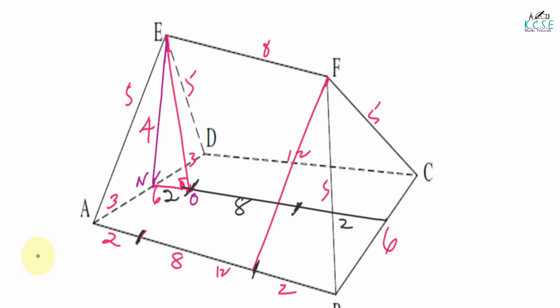So the remaining 4 meters you divide between the two ends. So you get from this end 2 and 2. And this is where we have these 2. So when you drop these perpendiculars from E to that point O, you get this end NO being 2.